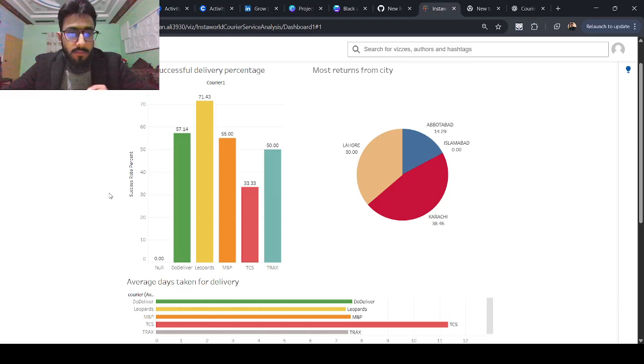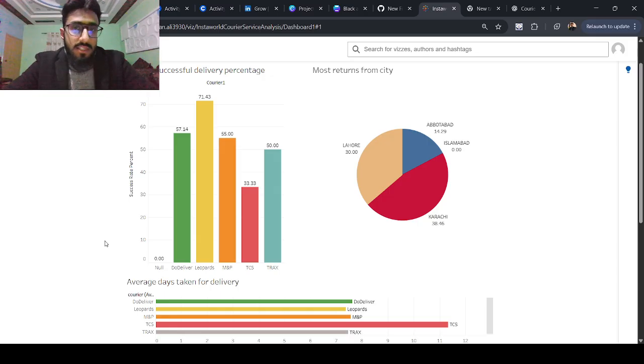By this graph, you can see that Leopards is performing the best among all of the others. It has a 71.43% success rate, and after that we have Do Deliver, and then thirdly we have MNP, and in the fourth position we have Tracks, and so on.